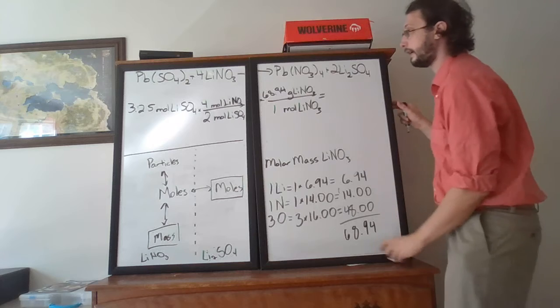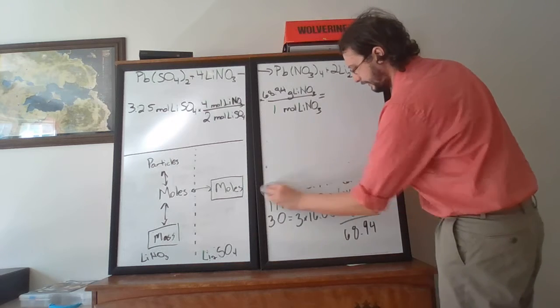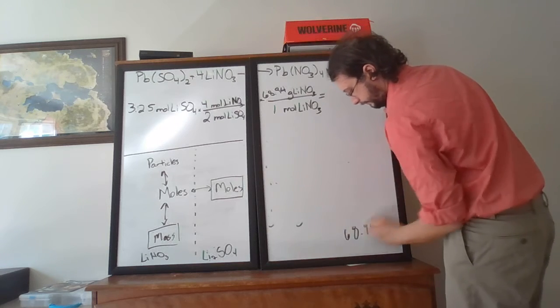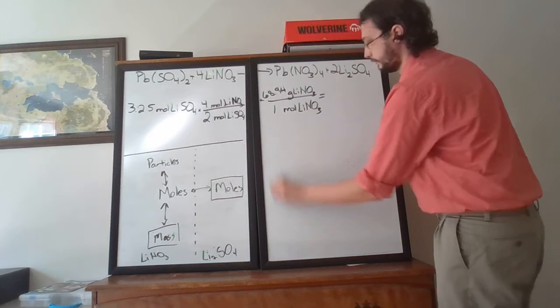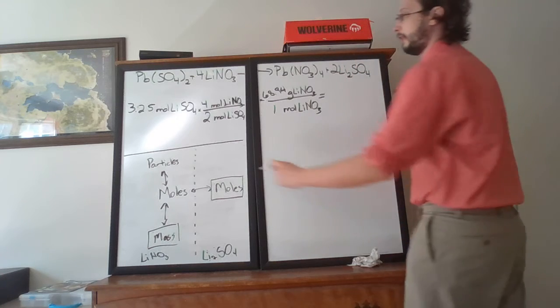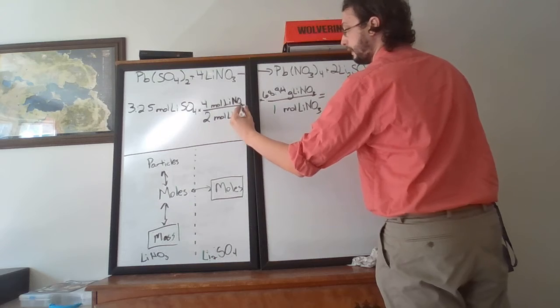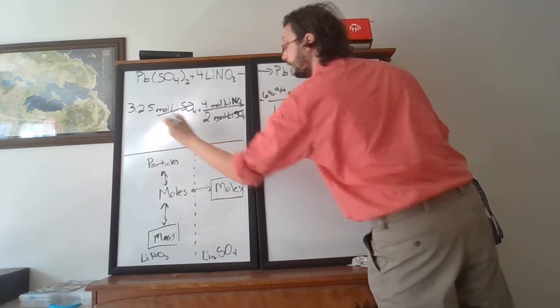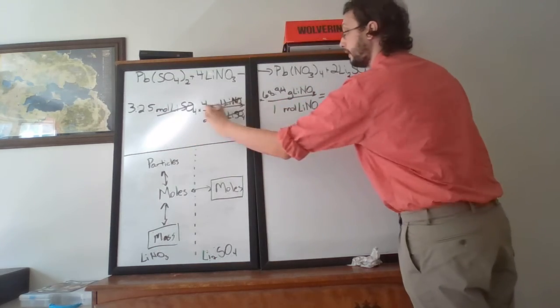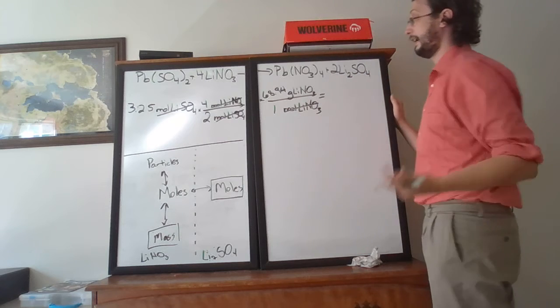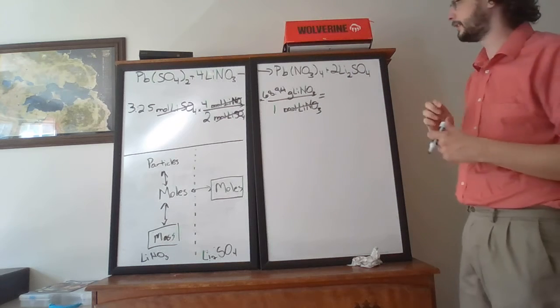Alright, so now we're ready to start canceling things out and seeing if we can solve this problem. So, moles of lithium sulfate cancels out with moles of lithium sulfate because they're both on the top and the bottom. Moles of lithium nitrate cancel out with moles of lithium nitrate, and I think that's all that actually cancels out here.